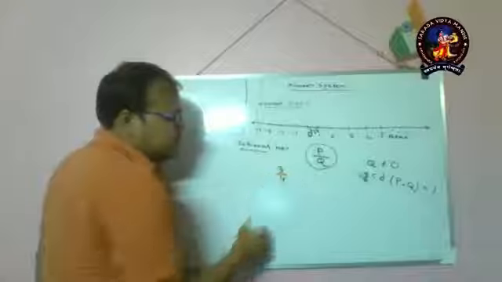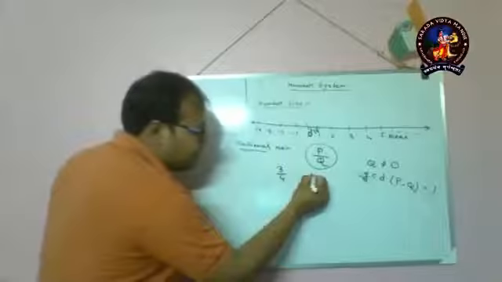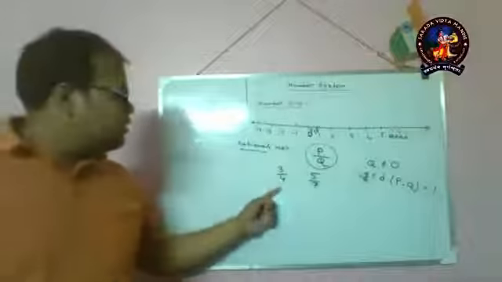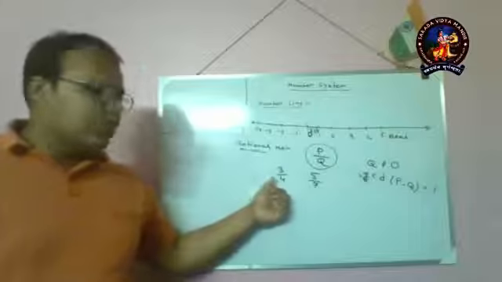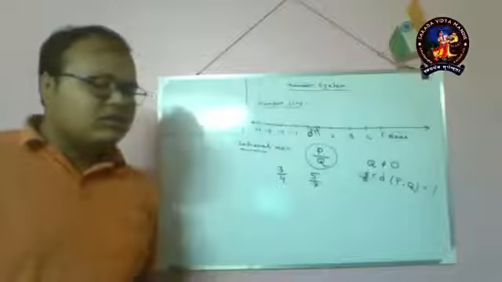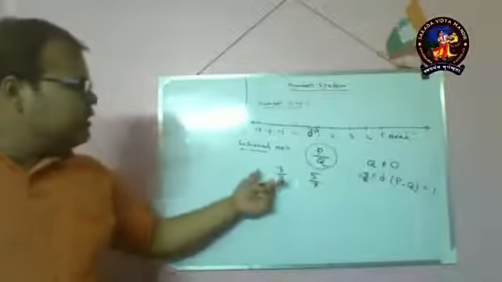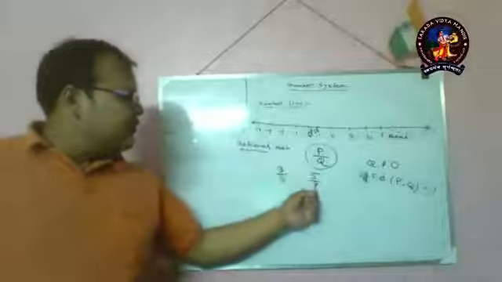For example, if I take 3/4 or 5/7: in 3/4, obviously 4 is not equal to 0, so the denominator is non-zero, and 7 is also non-zero, so both satisfy the first condition. And 3 and 4 have GCD 1, and 5 and 7 also have HCF 1.